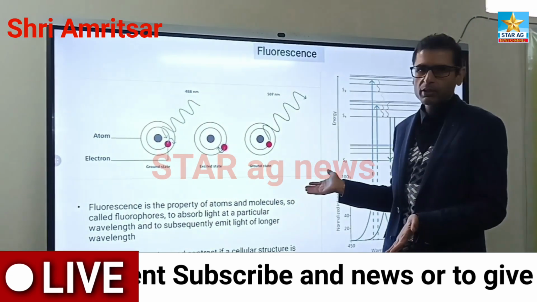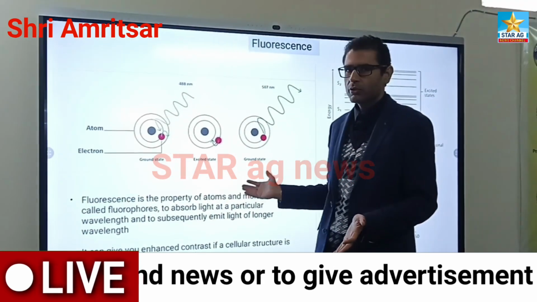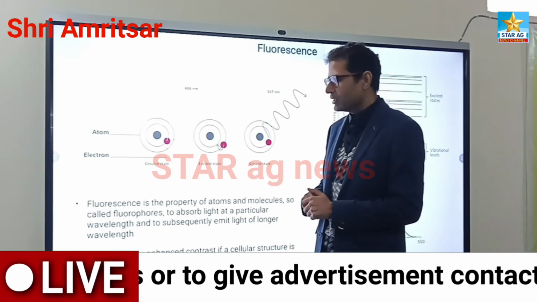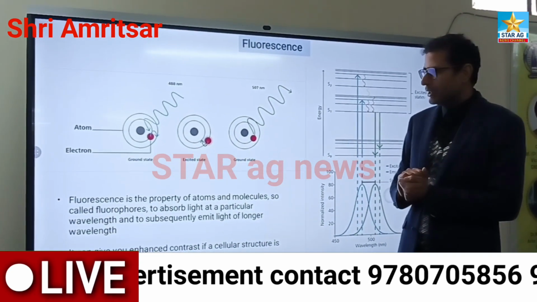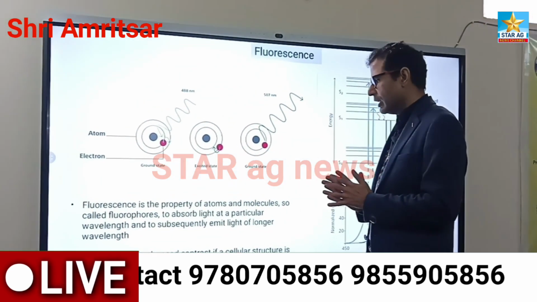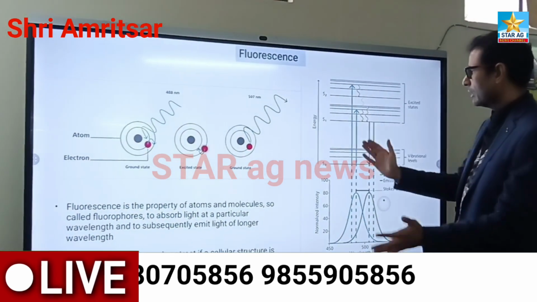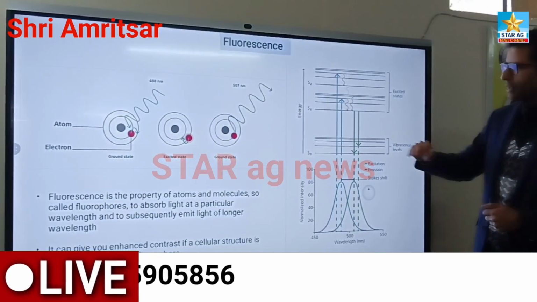But the excited state of the atom is unstable, which means that the electron wants to jump back to the ground state, and in this process it emits light with some energy. This process is essentially called fluorescence.